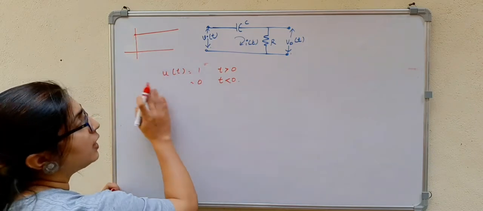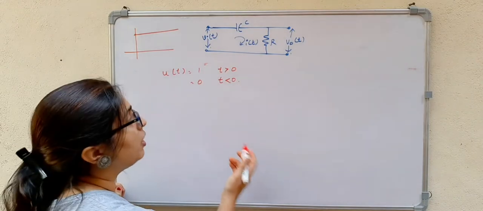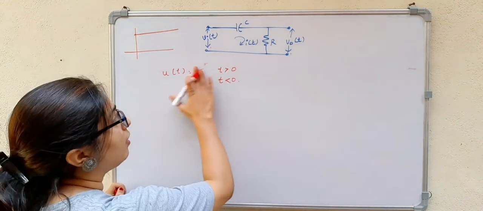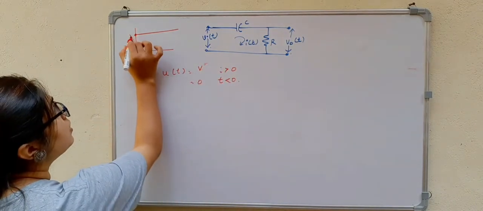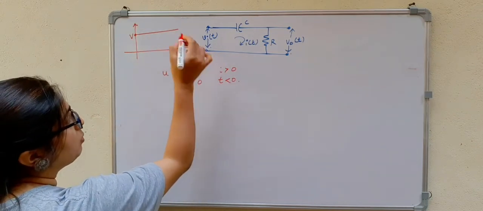This is the unit step function. If I am just considering the step, then we can write any amplitude A, or I can write V, whatever it is. So now I will consider V. This is the magnitude.